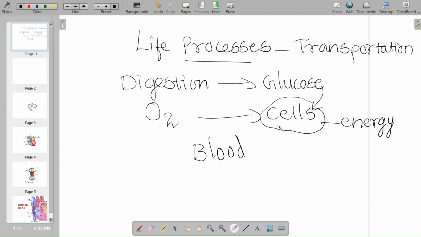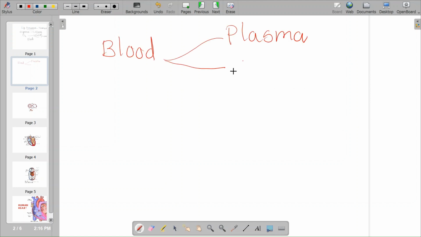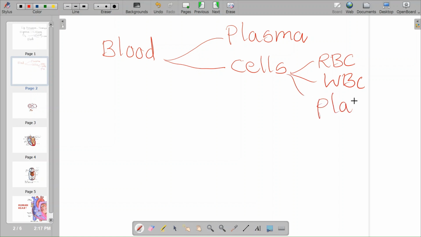Under transportation, first we will discuss the blood. Blood is the fluid connective tissue. It consists of two main components, plasma and blood cells. Plasma is the liquid component, and the cells include RBC, WBC and platelets.